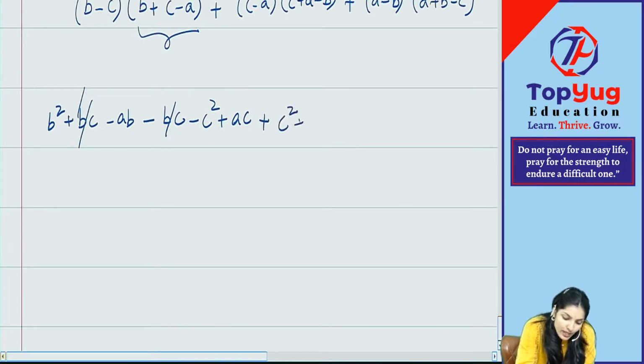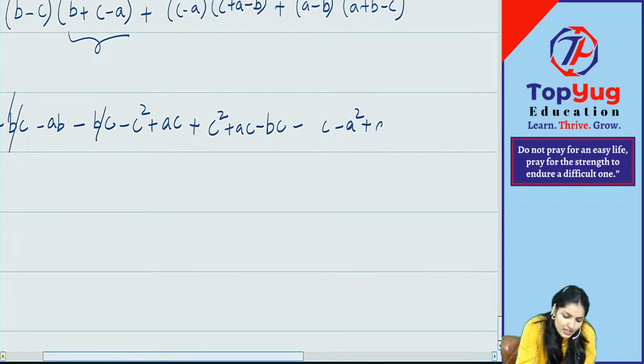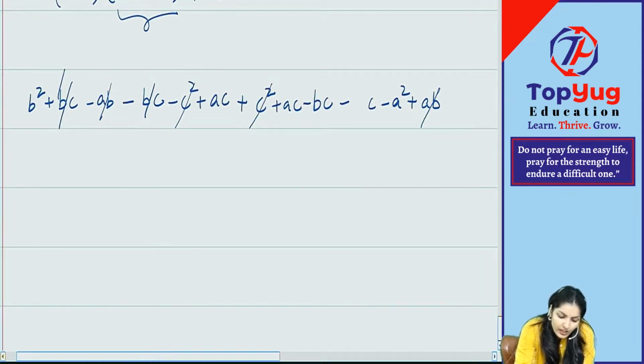Similarly, c square plus ac minus bc, minus ac minus a square plus ab. Now I can cancel plus ab, minus ab, and minus c square plus c square.